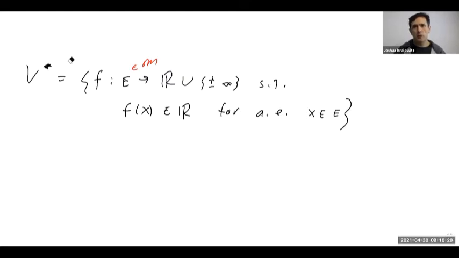Except on a set of measure 0, f is real valued.